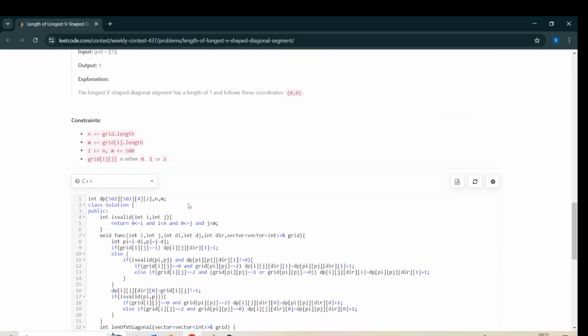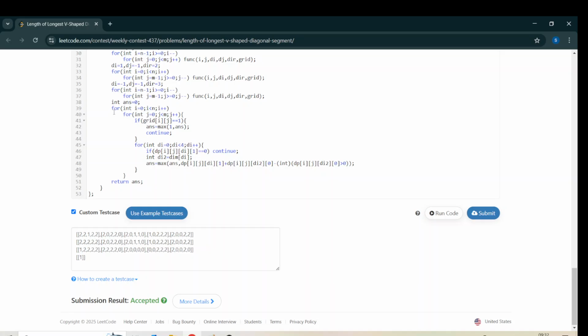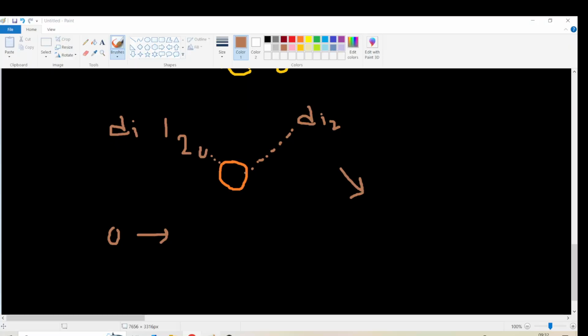Now what will we do? This part is for finding the answer. If grid ij is 1, it could not be our pivot element, so we do answer equals maximum of 1 and answer. Now we go to each and every direction, checking that we have some sequence starting with 1 in that direction.